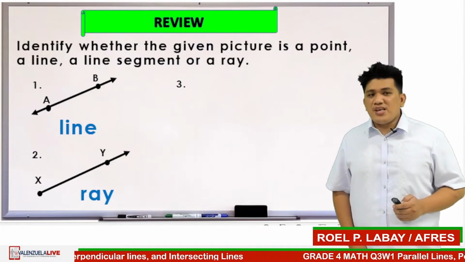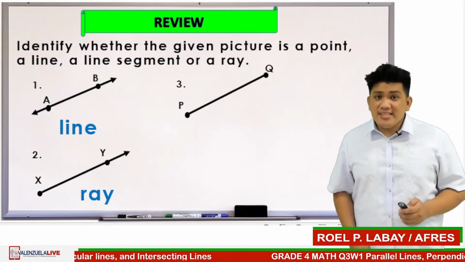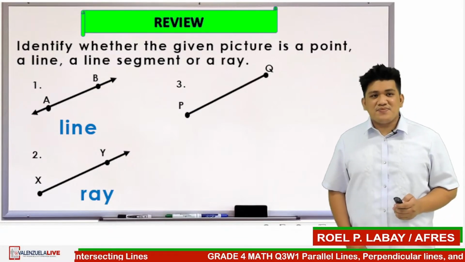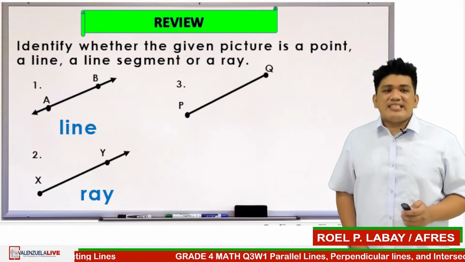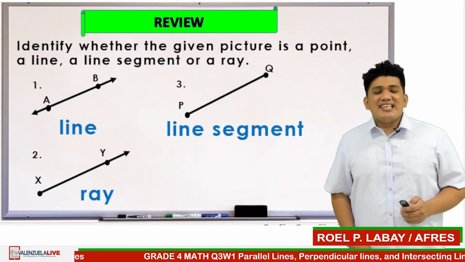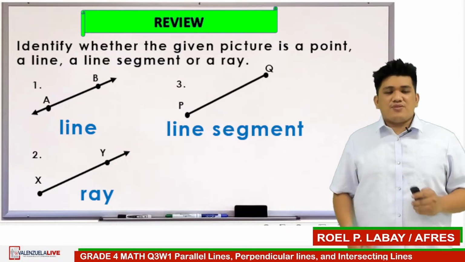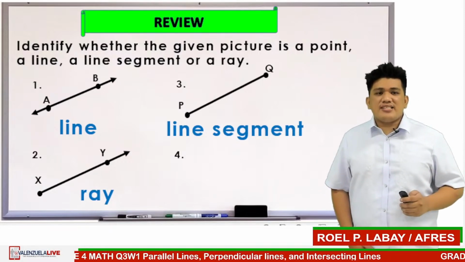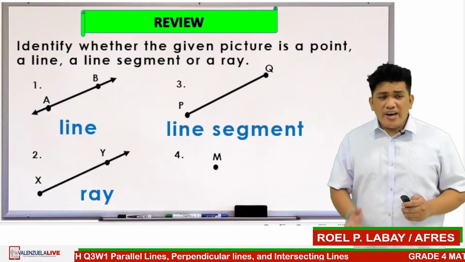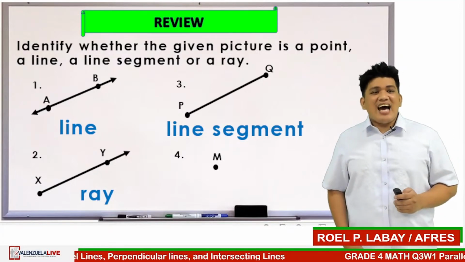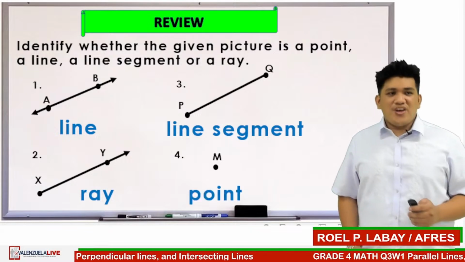How about this figure? Is this a point, a line segment, or a ray? Very good. That is a line segment because a line segment has two endpoints. Very good. And then the last one is this figure. Is this a point, a line segment, or a ray? Exactly, that is a point.